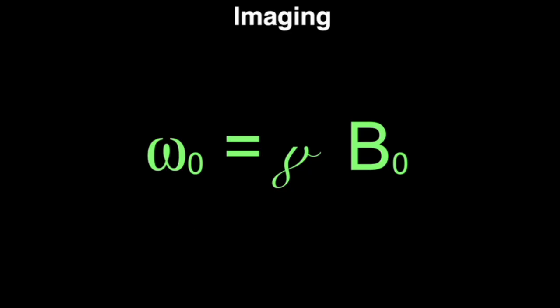If we go back to our equation that defines our precession frequency, originally we had one field magnitude, B0, so we had one precessional frequency. But now, when we vary things over space, we have a spatially varying magnetic field, Bx, and so a spatially varying frequency, omega x.